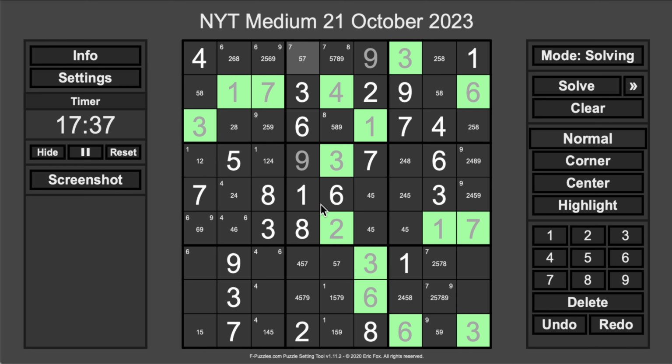Not 9. Well, this 9 means this one isn't 9, so that is.